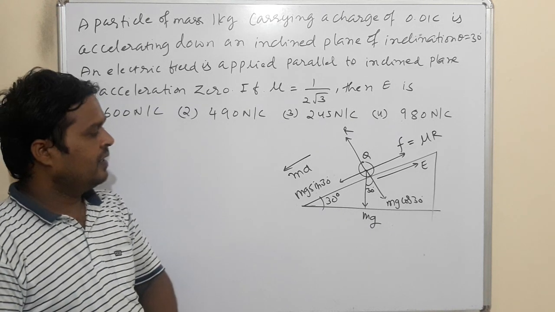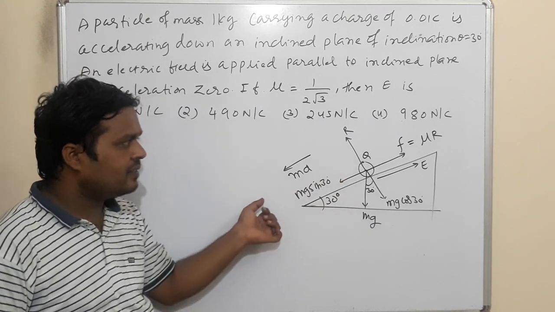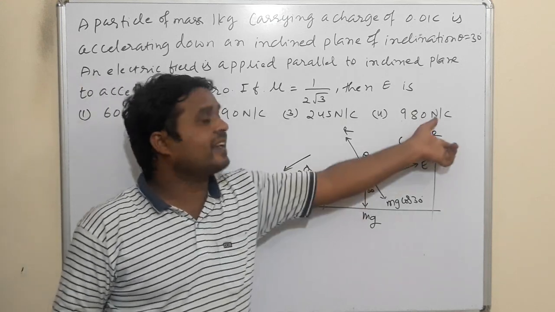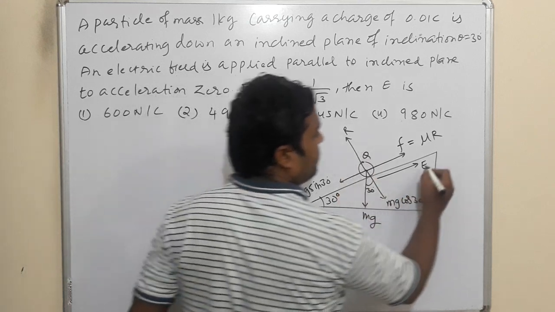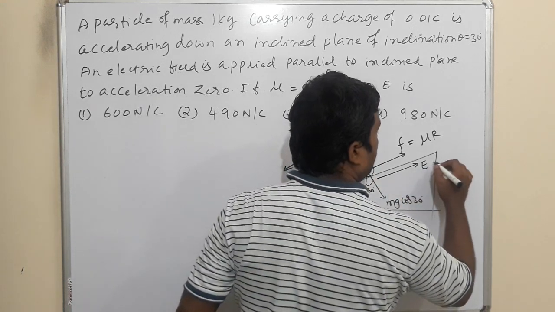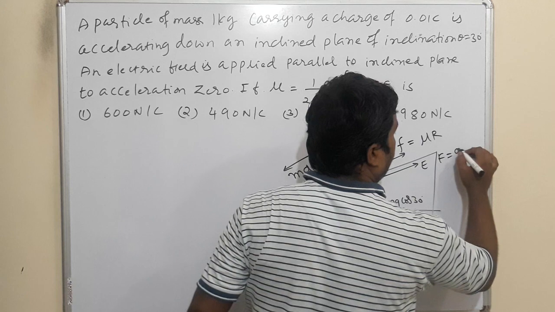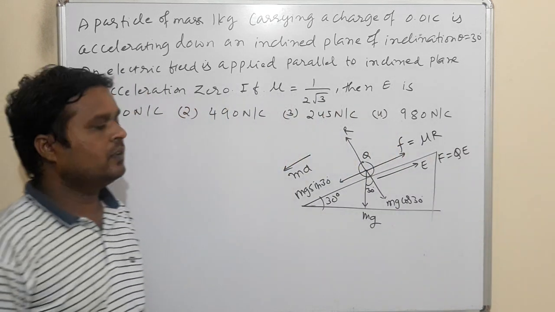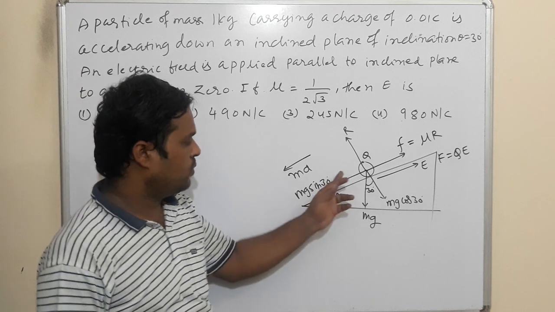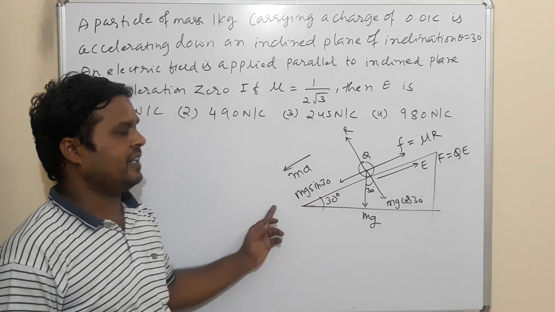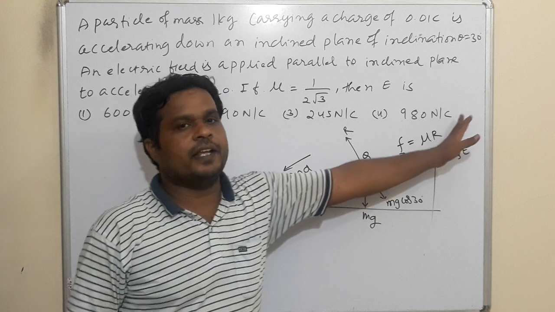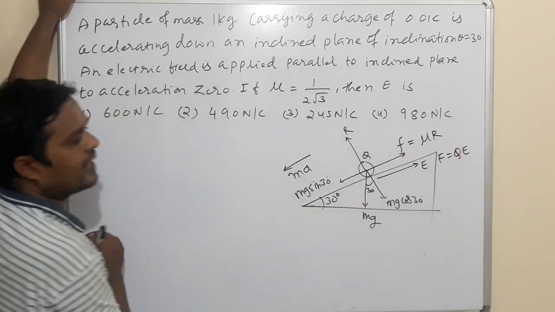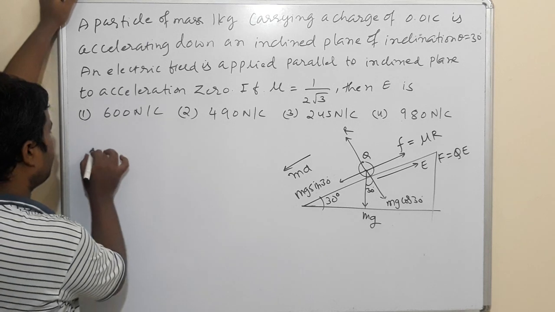Follow this. What are the forces acting in this direction? If the electric field is applied, then the force due to the electric field will be qE in the direction of the field. Force acting in this direction is mg sin 30, and so what is the net force acting in the other direction? mg sin 30.